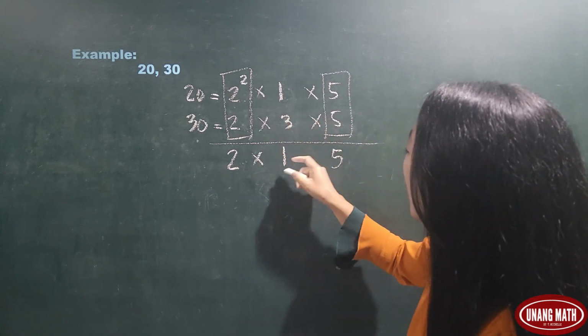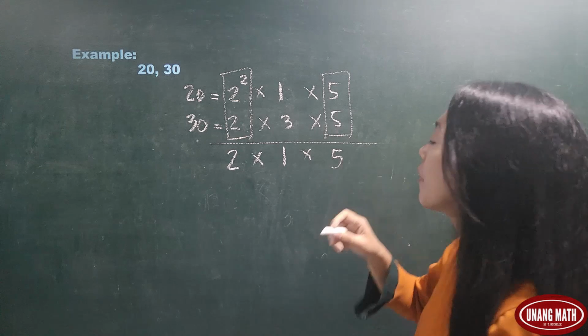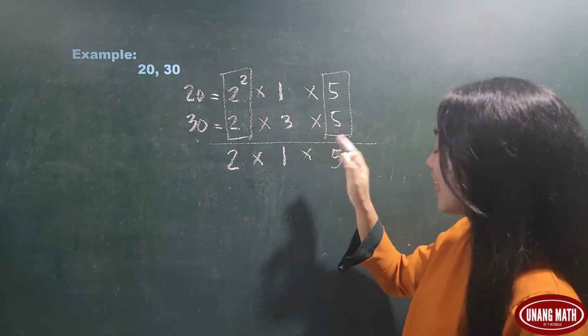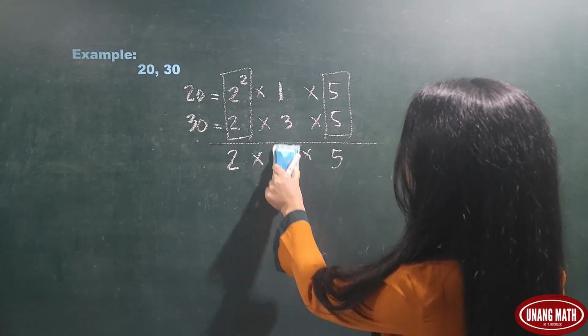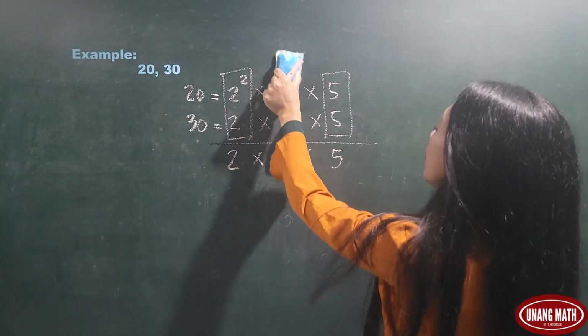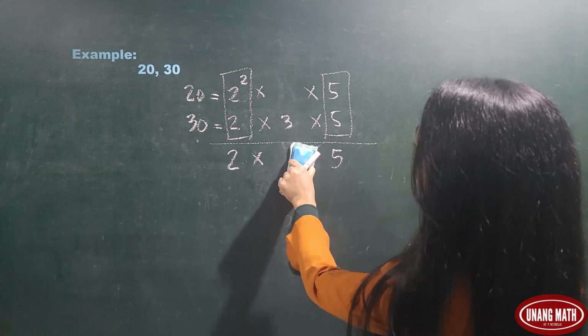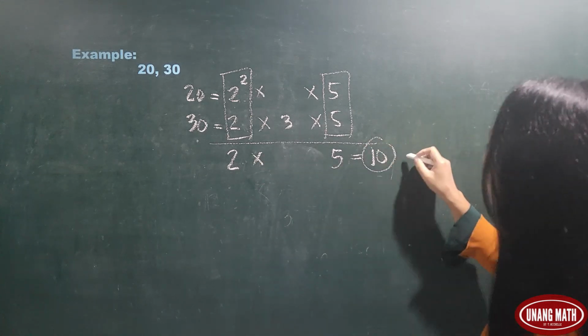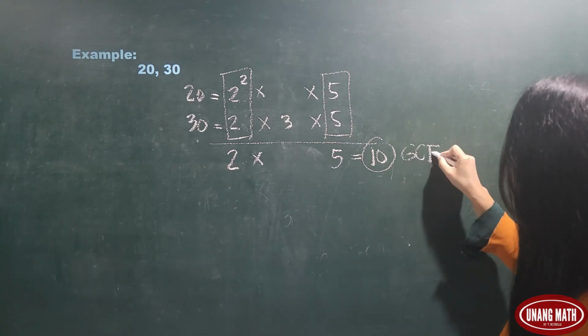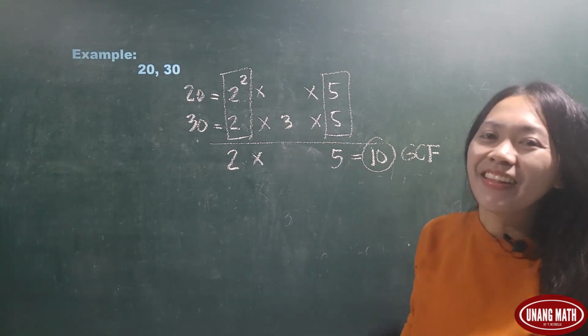But when 1 is multiplied to a number, the answer is the number. So we can just remove 1. So 2 times 5, the answer is 10. So 10 is the GCF of 20 and 30.